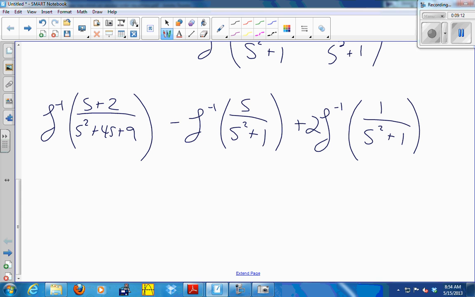So this is e to the negative 2t cosine root 5t. Okay, so we did that earlier.